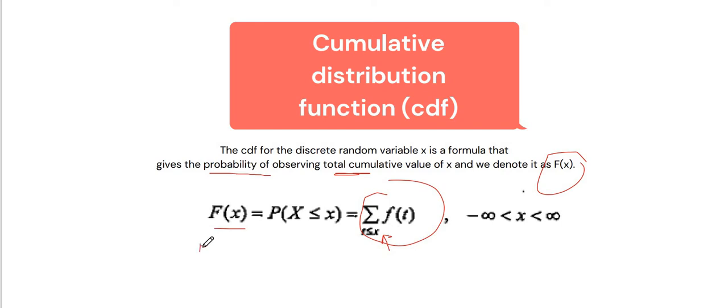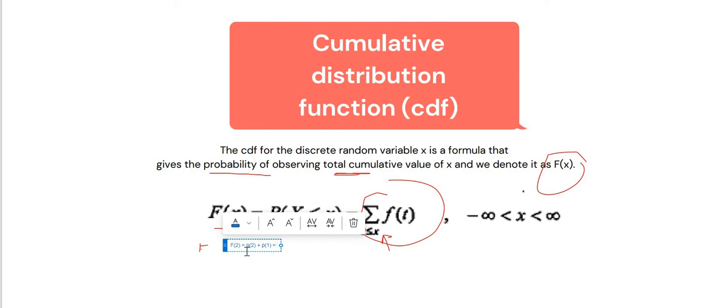F(2) means capital F. This is what it means: the CDF for F(2) is equal to the probability of 2 plus the probability of 1.